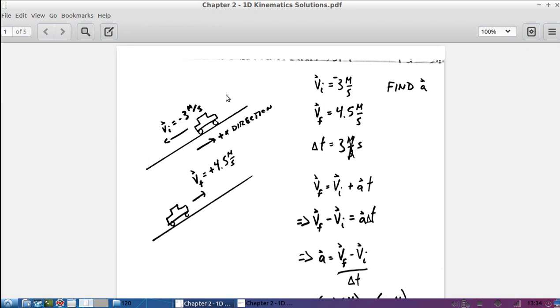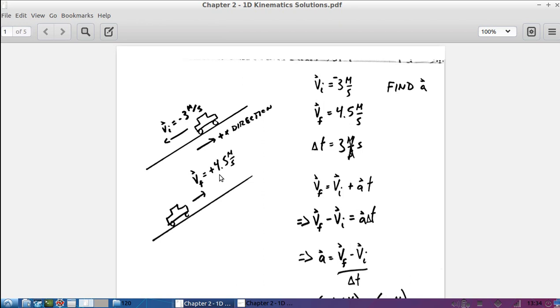So if I want to talk about the velocity vector, I've got to call it 3 meters per second as the magnitude and give it a negative sign because it's coasting down the hill. So I've got a picture of the before, I've got a picture of the after. The final velocity, I'm going to say v final, is positive 4.5 meters per second because after this 3-second time interval, I have a new final velocity, 4.5 meters per second.